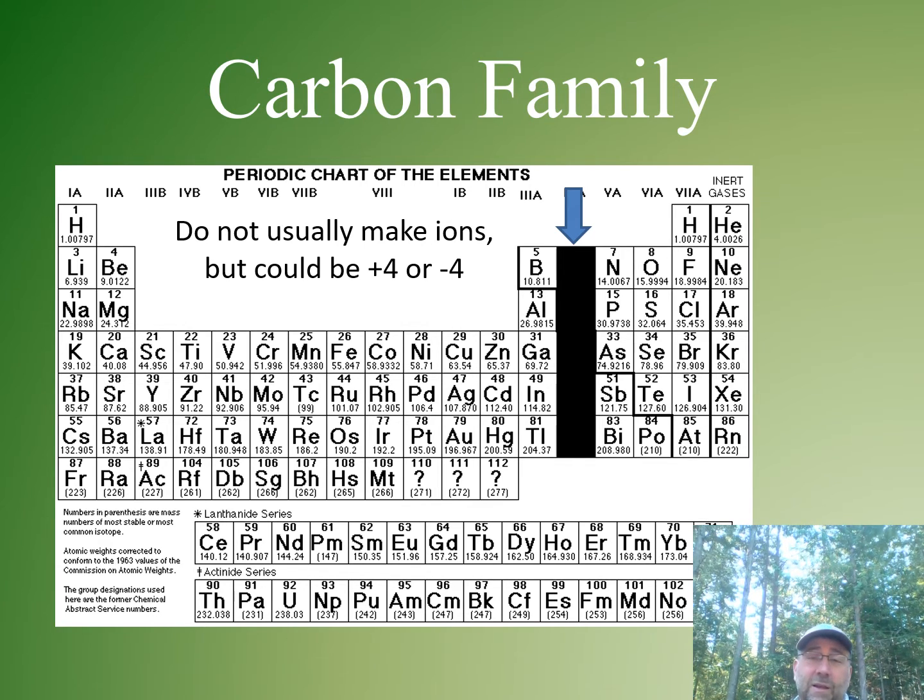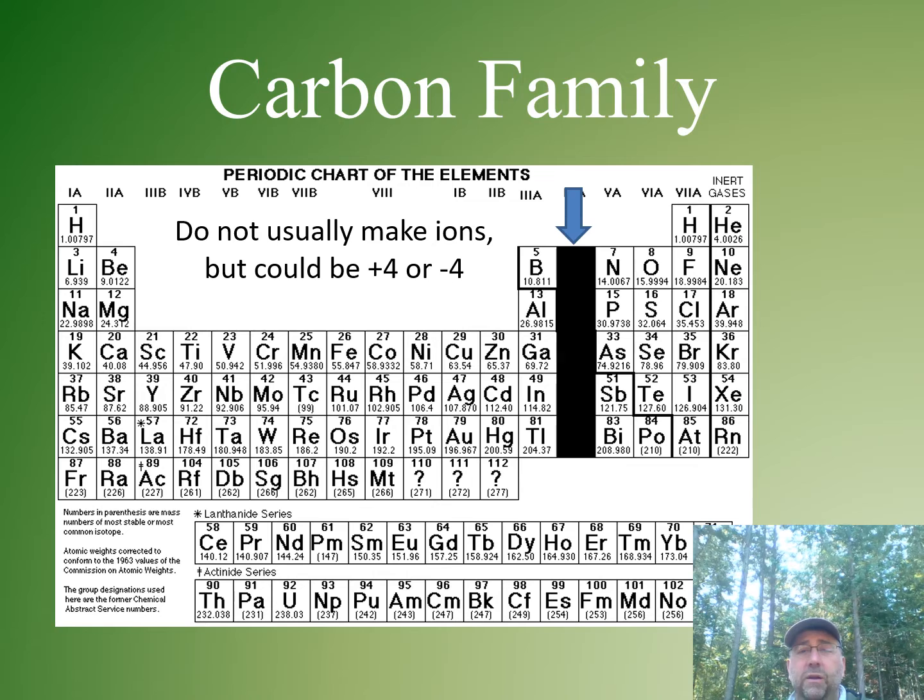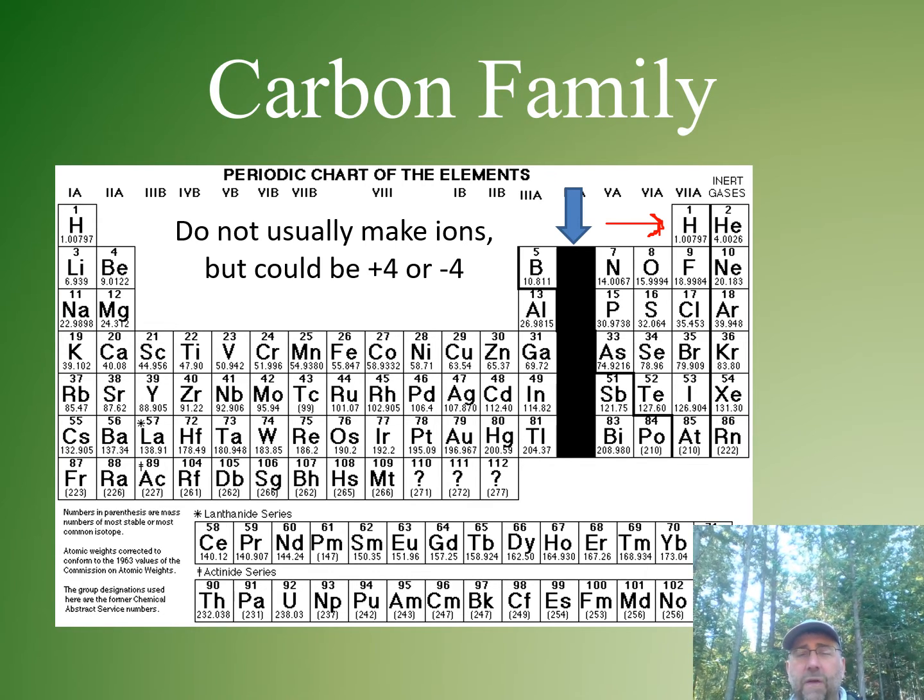It usually bonds covalently, but if it does bond ionically, it will be plus 4 or minus 4, and that depends on who it's bonded with. If carbon is bonding with something more electronegative that steals electrons, such as oxygen, fluorine, and so forth, it's going to be a plus 4. If carbon bonds with something over here that's easily losing its electrons, then it becomes negative 4.